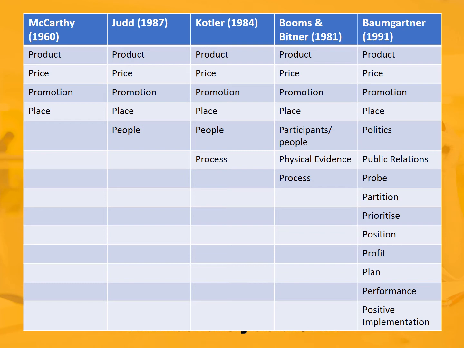And Booms and Bittner, 1981, talk about the 7 Ps in terms of the product, price, place, promotion, people, process, and physical evidence. And then we have the 15 Ps in 1991 in terms of the product, price, place, promotion, politics, public relations, probe, partition, prioritize, position, profit, plan, performance, and positive implementation.